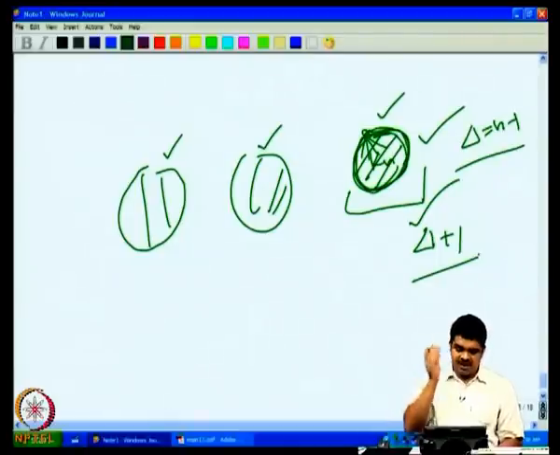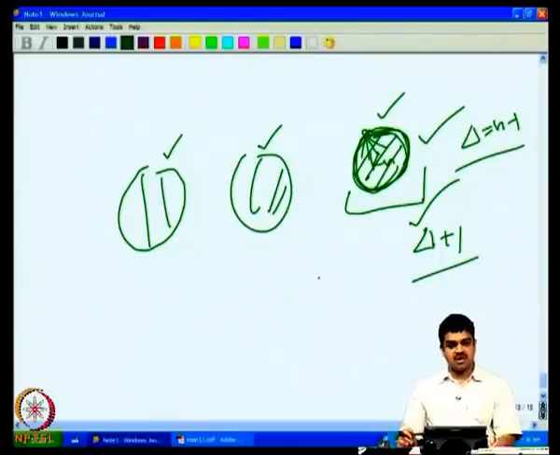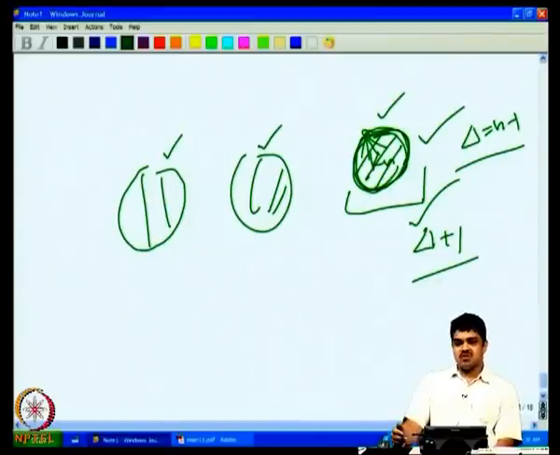Similarly, one of the components can be an odd cycle. So let us forget this kind of situation. Let us say that we are only interested in connected graphs, because if there are several connected components, each connected component can be colored separately without worrying about the other parts.